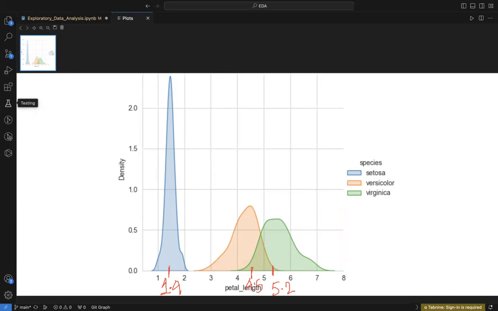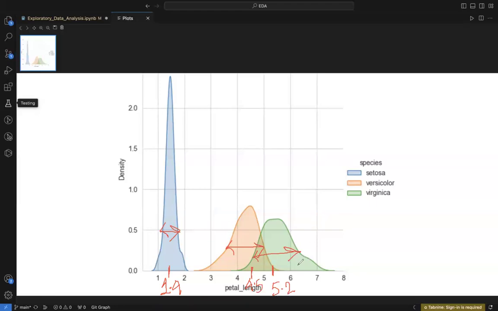They are not the exact means, but if you notice, the range of Setosa flower petal width, if you can see this width, is much thinner than the range that you have for either Versicolor or Virginica. This is the range for Versicolor, and this is the range for Virginica.